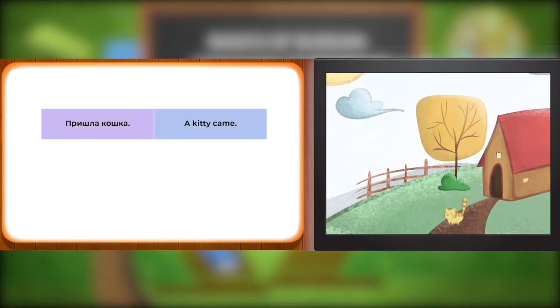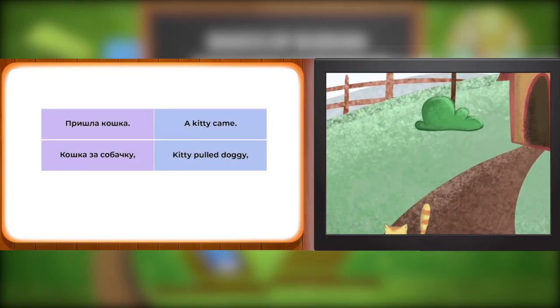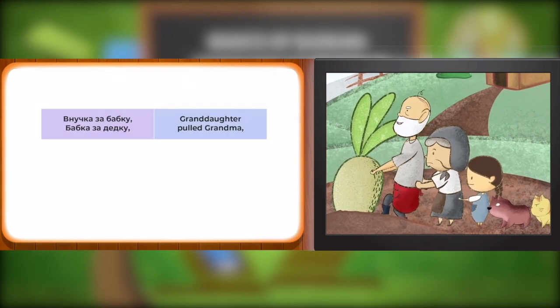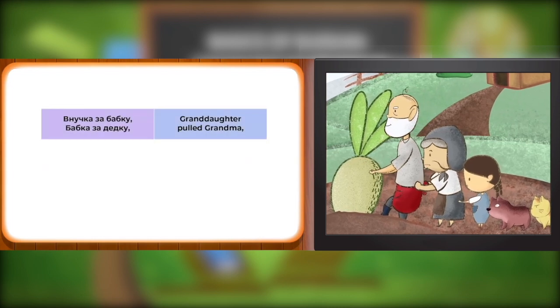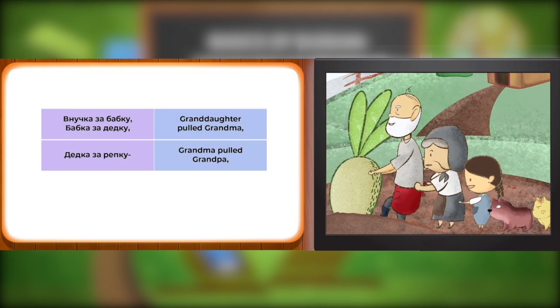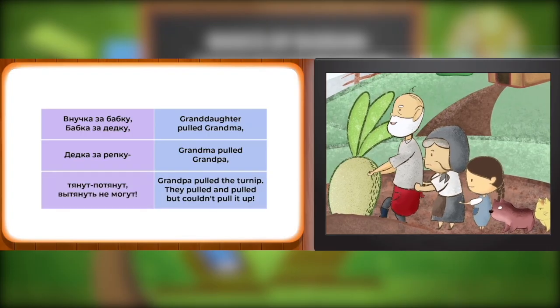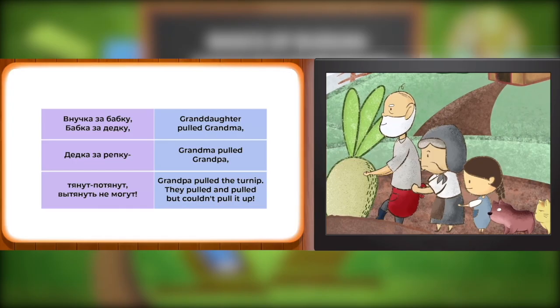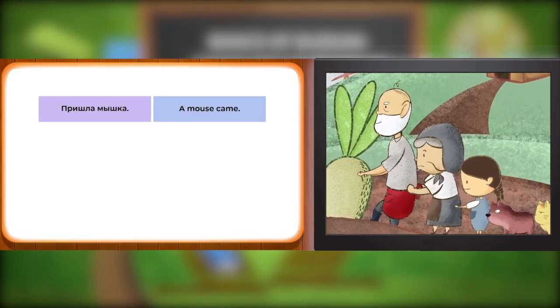A kitty came. Meow. Kitty pulled doggy. Doggy pulled granddaughter. Granddaughter pulled grandma. Grandma pulled grandpa. Grandpa pulled the turnip. Then they pulled and pulled but could not pull it up. Then a mouse came.